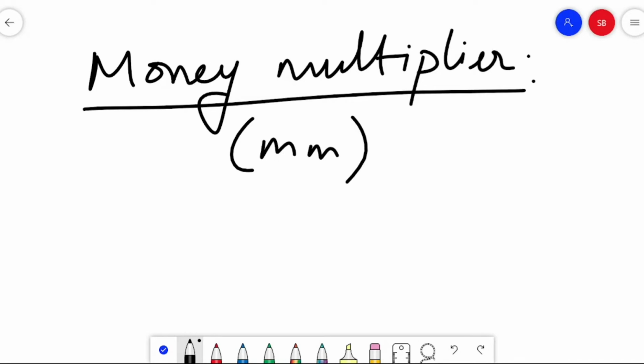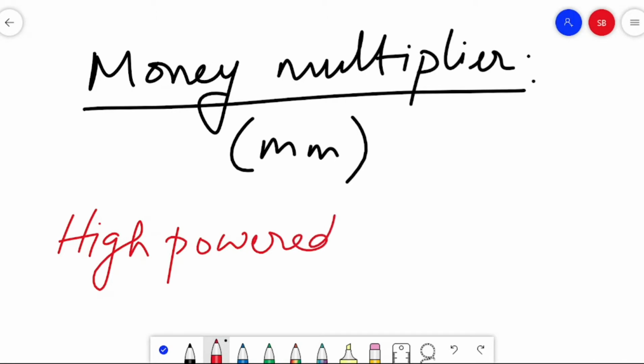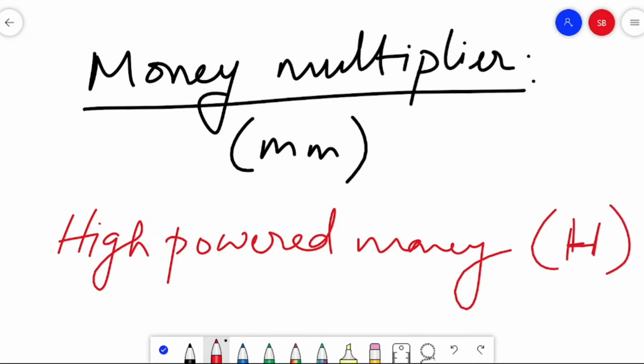This implies the number by which a change in the high powered money, which I am going to represent with H, has to be multiplied to find out the total increase in the country's money supply. That is what this money multiplier actually does.